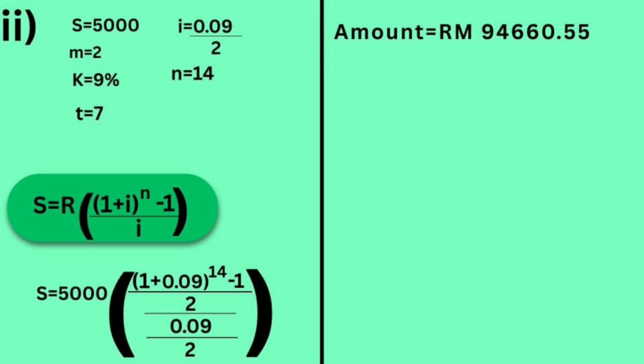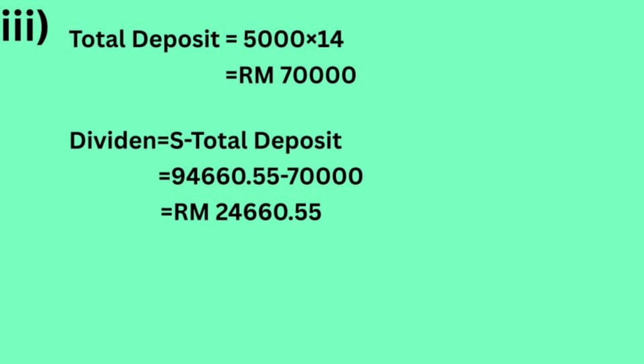The formula for this calculation is S equals R times open bracket 1 plus i close bracket to the power of n minus 1 over i. Then substitute all the information into the formula. After solving the equation, the final answer is RM94,655.